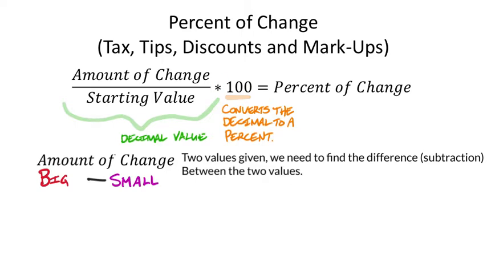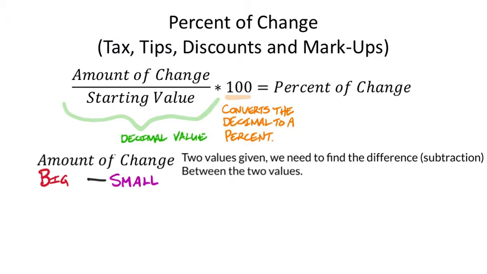Now, just so everyone understands about this, because you see the percent of change, it's tax, tips, discounts, and markups. If you already know, for example, maybe how much you paid after tax and how much the total was before tax, then you would need this formula. Of course, when you get a receipt from a store, generally speaking, they always already show what the tax is.